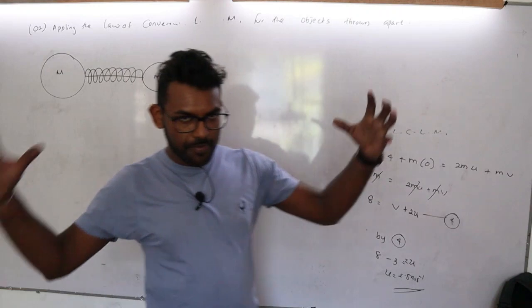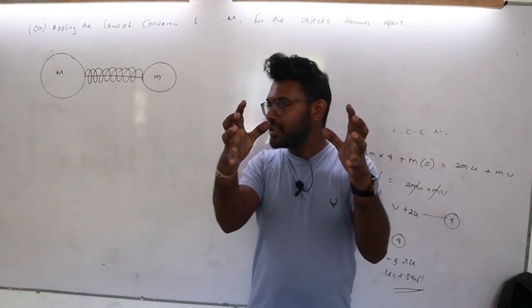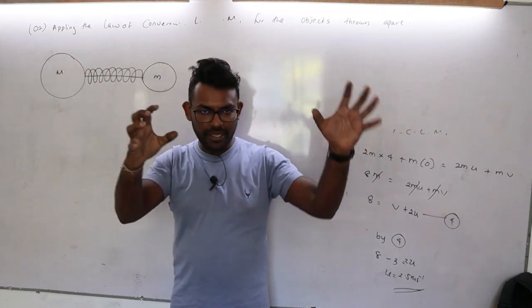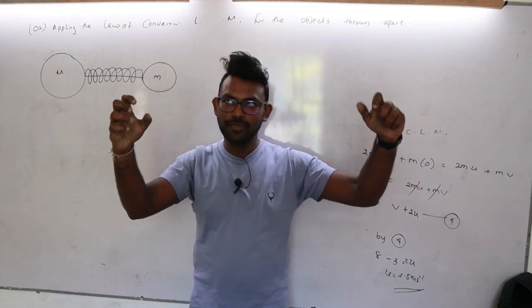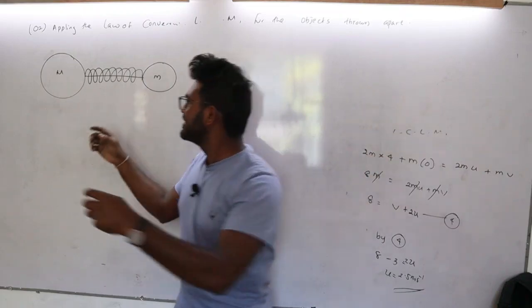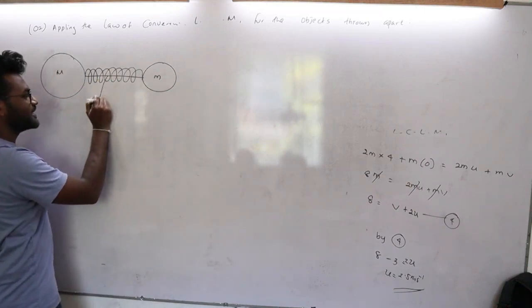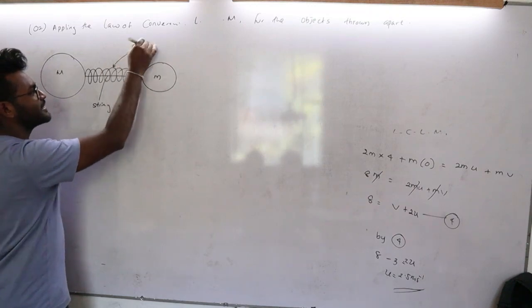You have a spring, then you're going to compress it, and you're going to keep that capital M on one side and the small m on the other side, and attach it by a string. Strings, kind of rhyming, right? This is the string, and this is the spring.